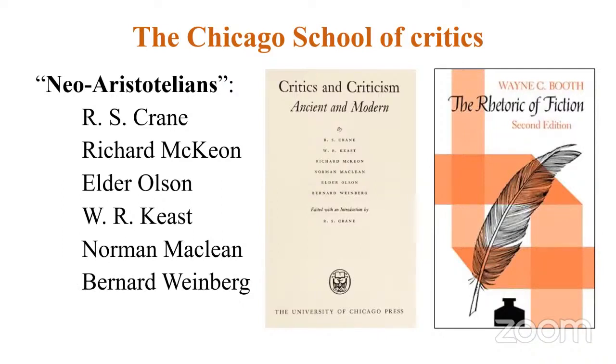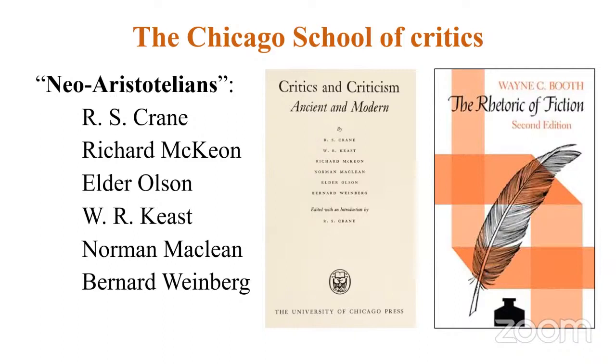We have R.S. Crane, Richard McKeon, Elder Olson, W.R. Keast, Norman Maclean, then Bernard Weinberg. And this group is also called Neo-Aristotelians. Why? Because the members of this group follow the principles set by Aristotle in his Poetics.